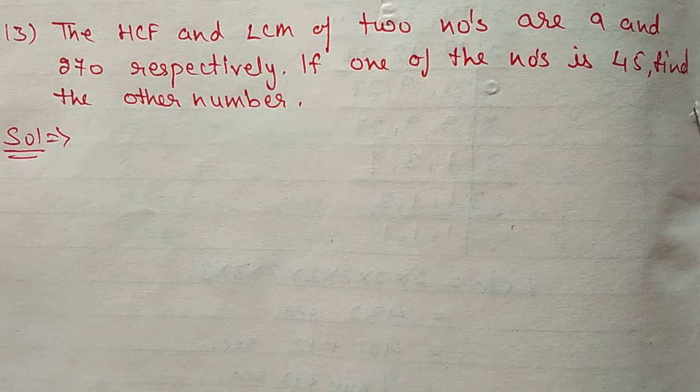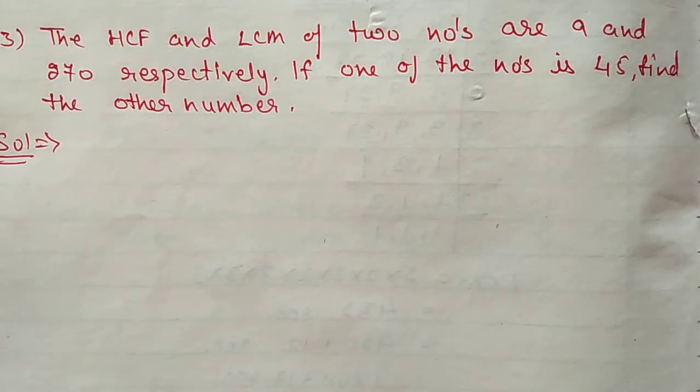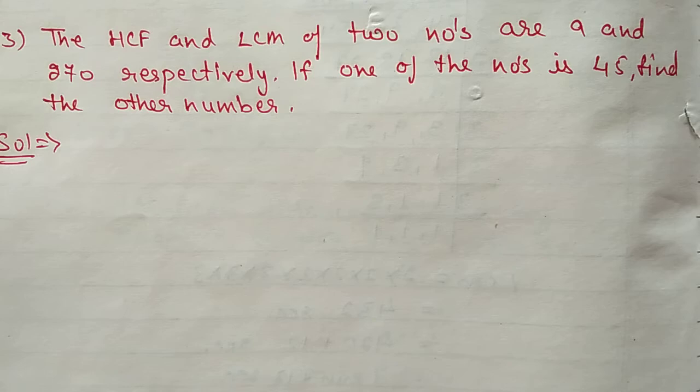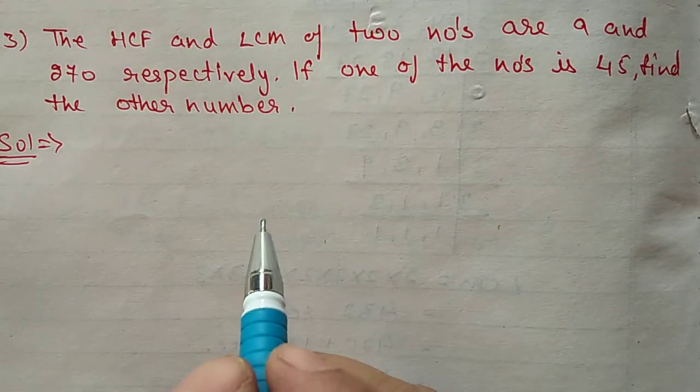Next, question number 13. The HCF and LCM of two numbers are 9 and 270 respectively. If one of the numbers is 45, find the other number. So we will use the same thing we used in the last question. The product of two numbers is equal to the product of HCF and LCM.